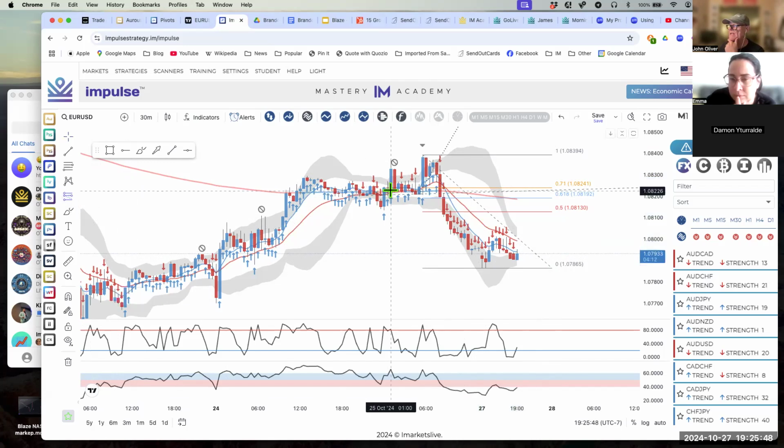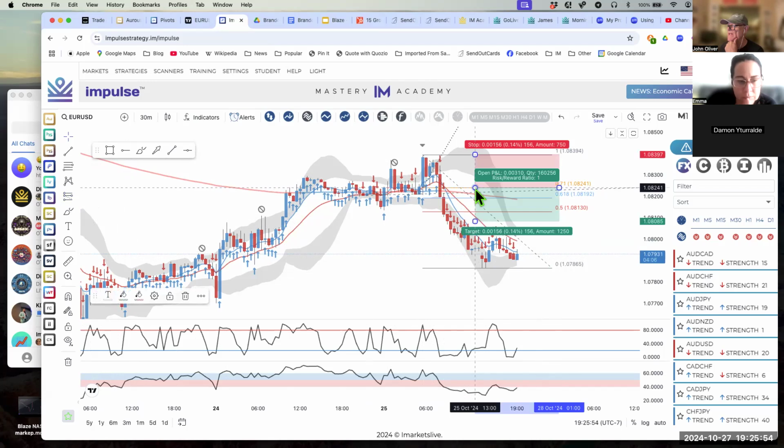You click on that, you put it on the 0.71 range and it'll pop up like that. And then we allow for the spread at the top, so we're just going to move that up from that line, 4 pips.